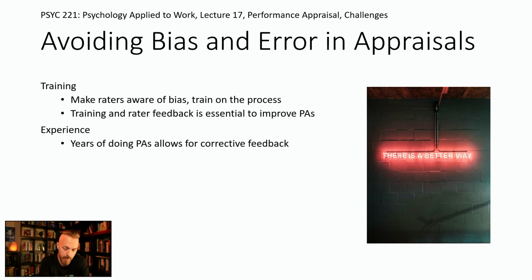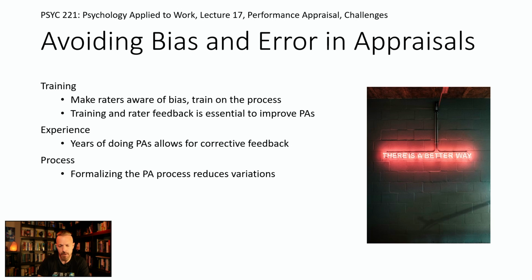There'd be a couple of them, but one might be categorization, typing people, where you've just sort of seen enough types of people, and you develop these scripts, and people fit them, and so you've got to be careful. Experience can cut both ways, but if you're vigilant, if you're aware of bias, if you're aware of your own limitations, you can use your experience of doing performance ratings in order to get better at it.